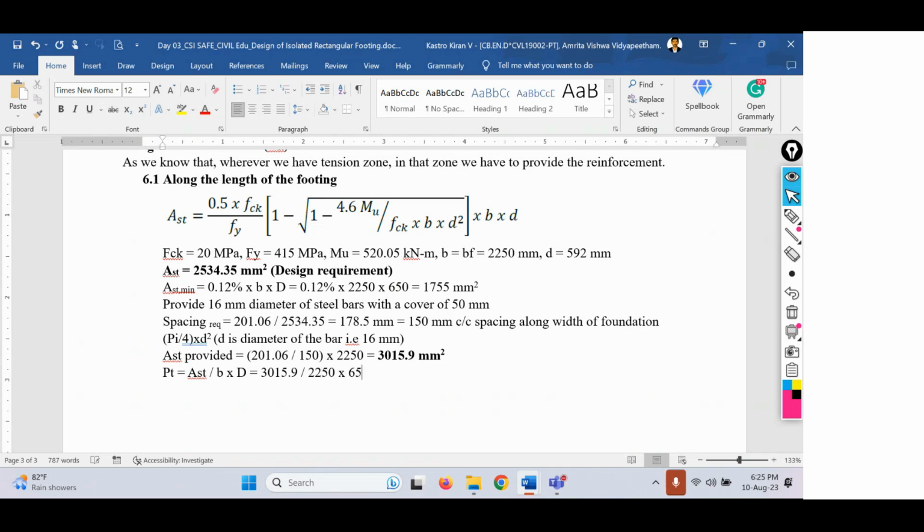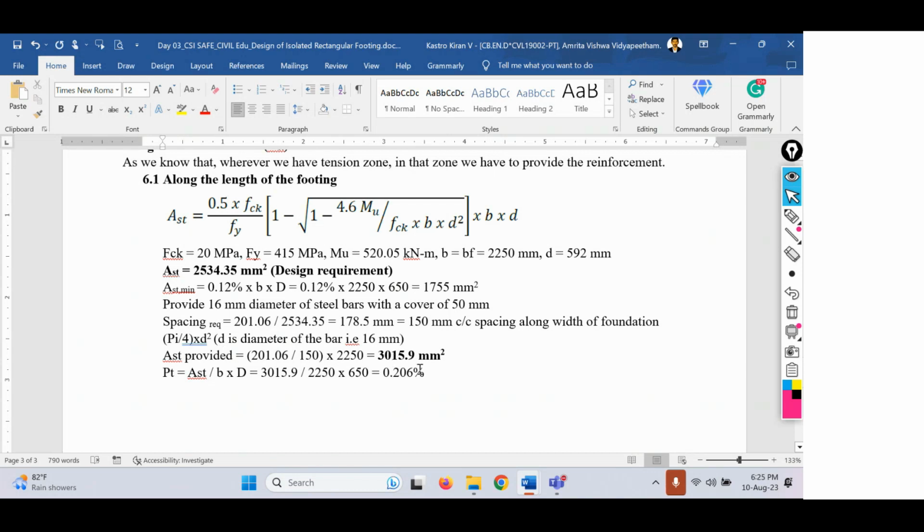The overall depth of the footing is 650 mm. Into 100, you will get it as a percentage. That equals 0.206 percent. So 0.206% of reinforcement is required. So this is the reinforcement along the length direction.